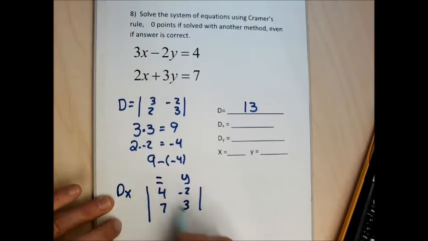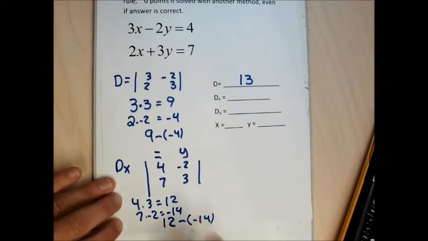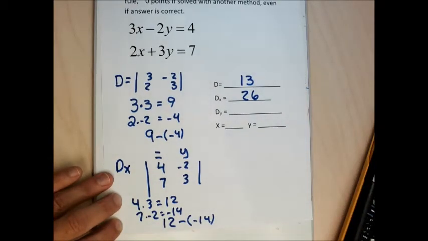I'm going to cross multiply down and go 4 times 3, which is 12. I'm going to cross multiply up and do 7 times negative 2, which is negative 14. And then I'm going to subtract these. I'm going to go 12 minus negative 14. The double negative goes positive, so that's really 12 plus 14, which is 26. That's 2 of the 3 determinants.